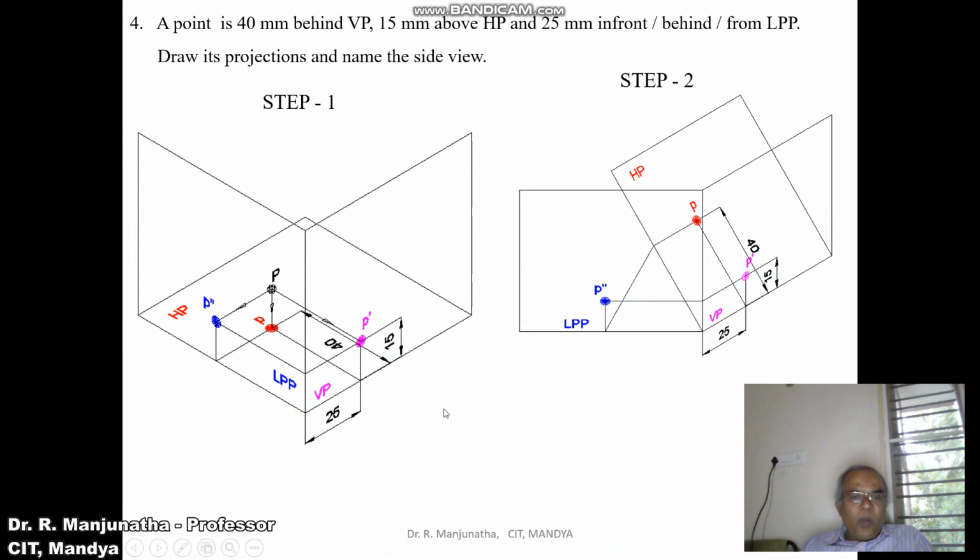When you look from the front view, we can see the distance behind LPP, which is seen here. And also when you look from the top view, we can see the distance behind LPP. So this is how we can analyze this problem in 3 dimensions.